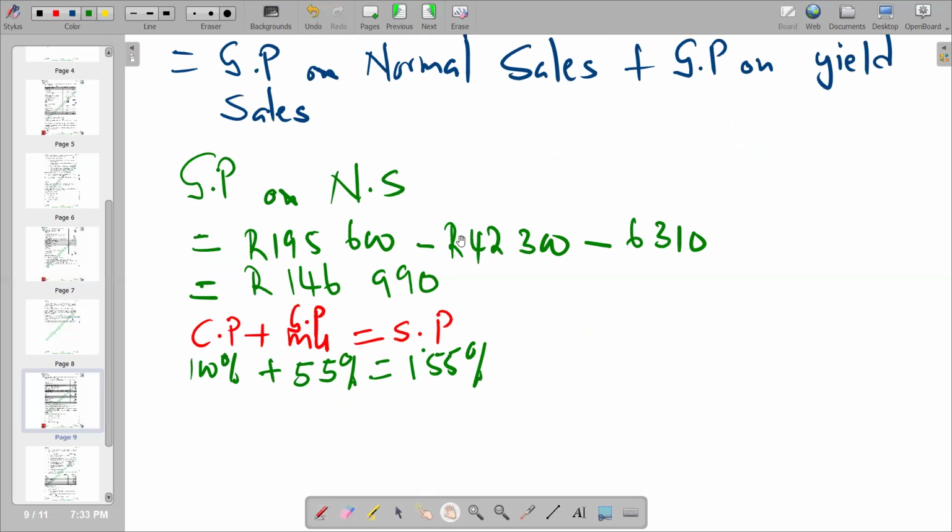So according to the question now, you can now use a simple proportion because it seems that there are 90 rands, which is equal to the sales, 155%, and the figure that we are looking for is the 55% for gross profit.